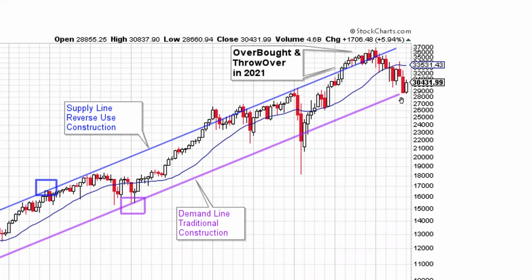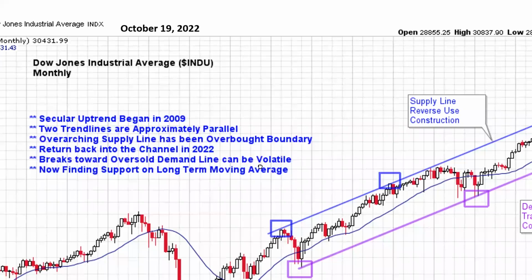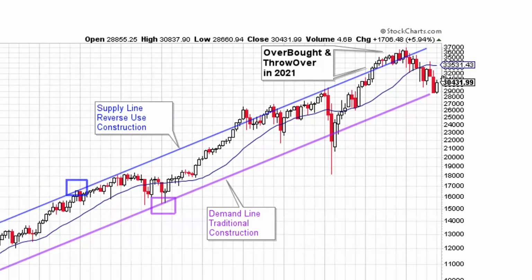The big red bar is September. The October bar, this is not the whole October bar, but I want to show you where we were at the time. This was October 19th, and a rally began taking us back from the edge of real trouble in the markets. This may be trouble in the future. We're going to keep a really close eye on this, and you can see these touches and how beautiful this demand line has been.